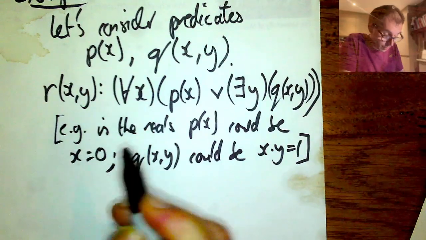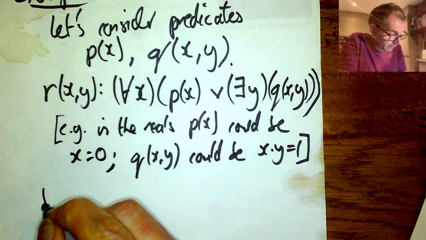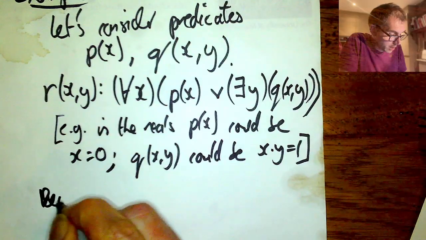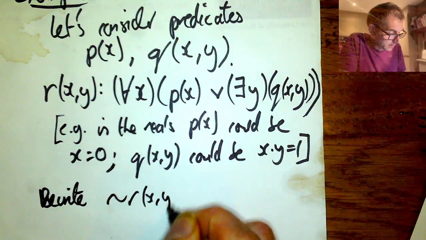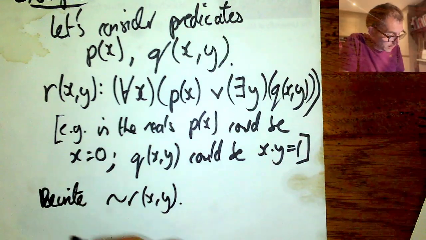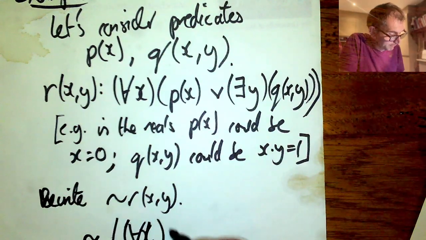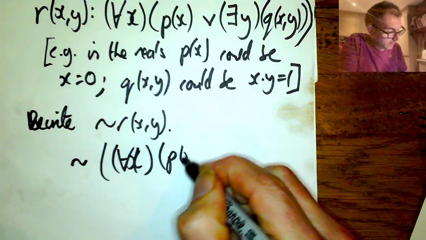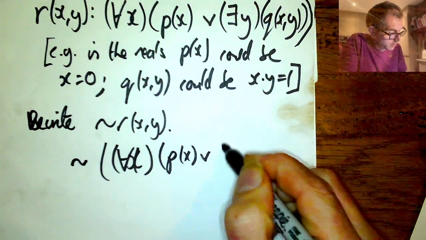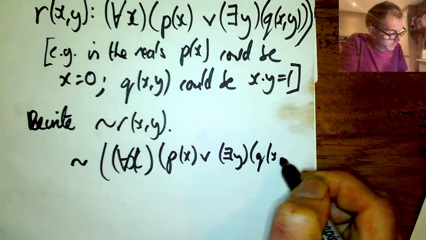So I want to say what not R is. So rewrite not R of x, y. So that is not of, for all x, P of x or there exists y such that Q of x, y.